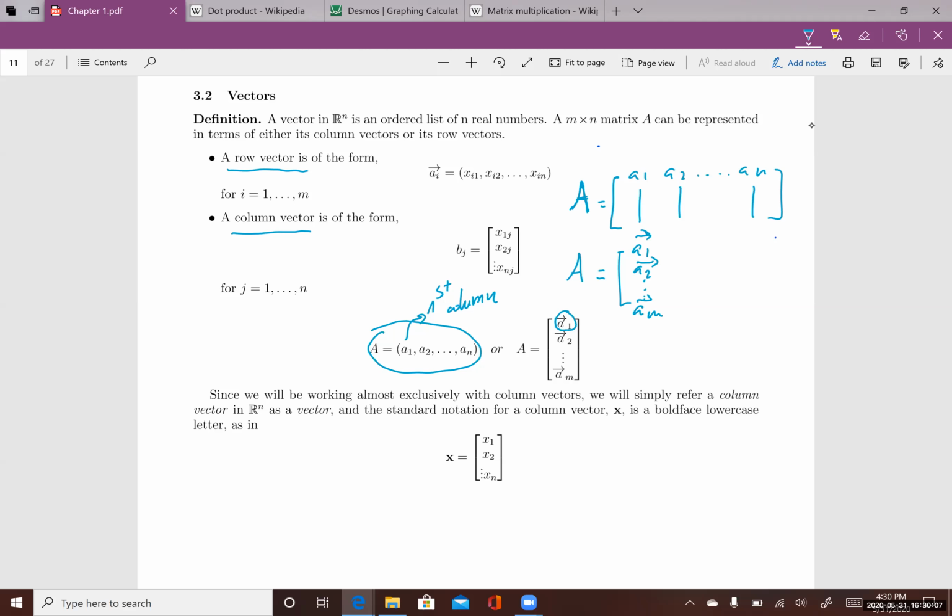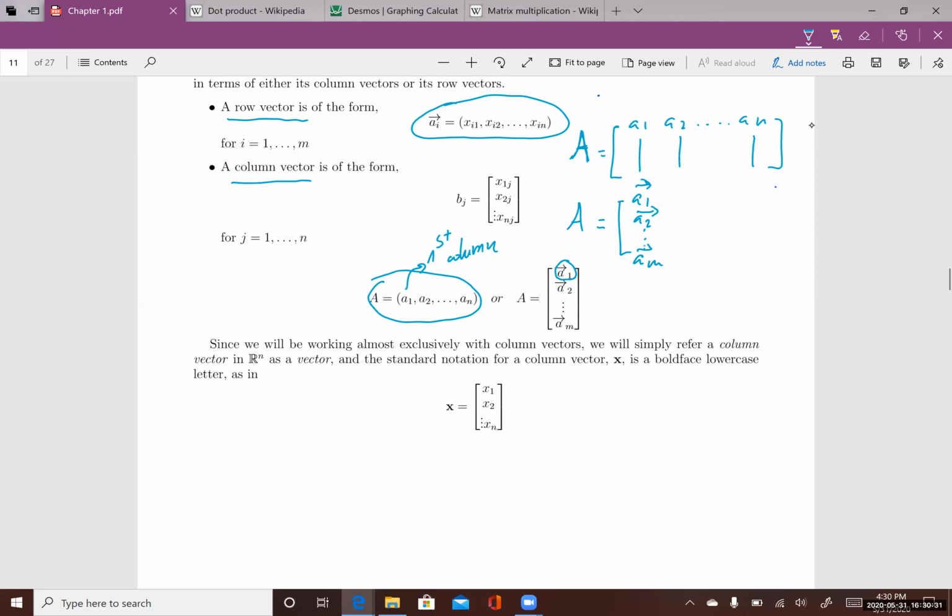And each row vector will be in this form. Because you have n columns, you will have n real numbers in each row vector. Because if you look at the column vectors, since you have m rows, you're expecting to have m real numbers in a column vector.